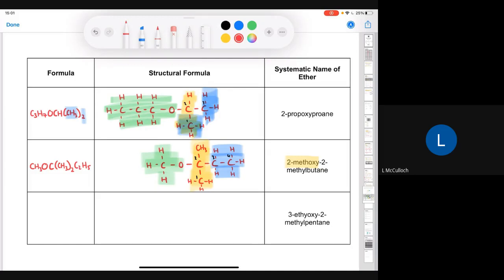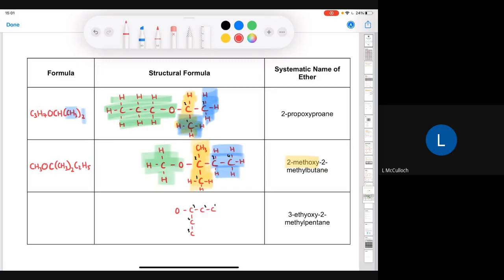And then our final one, we've got 3-ethoxy-2-methylpentane. This can be one that's really quite tricky to draw, and it's really going to be tough with the space that we've got. So I'm going to start by drawing my pentane chain in such a way that I can easily have the oxygen coming off of that 3rd carbon. I'm going to number the 5 carbons in that pentane chain so we can clearly see that that is the longest chain of carbons.